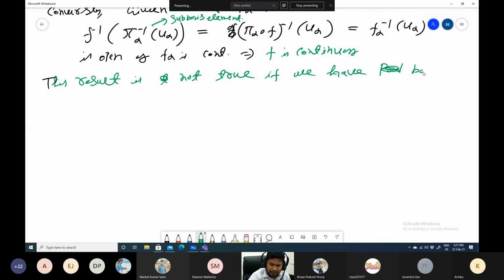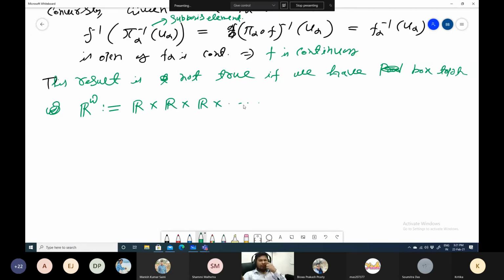For example, take R omega. What is R omega? R omega is the standard notation for R cross R cross and so on, that is the countable product of R. So that is the standard definition of R omega.